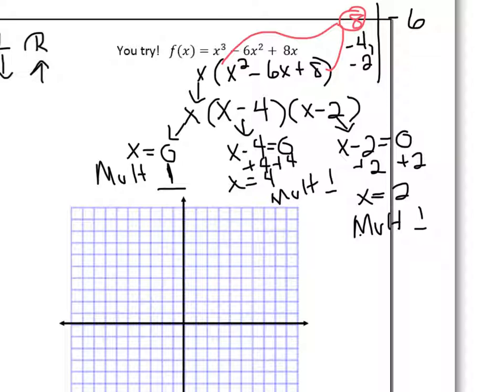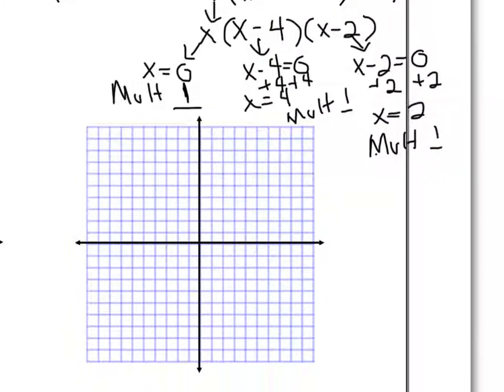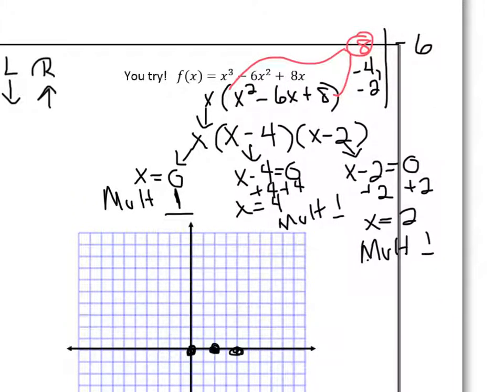So what this means at these 3 points, we have straight lines that go through them, and then we curve to make all the rest of it. So we put a point at 0, a point at 4, and a point at 2. Now, going back to how we know our ends, again our highest degree is 3.